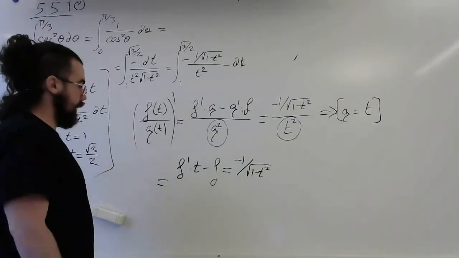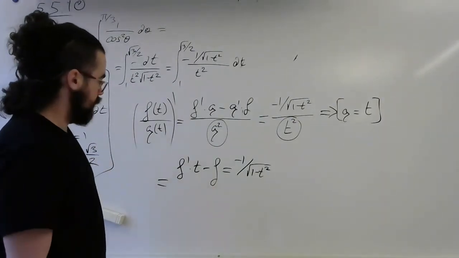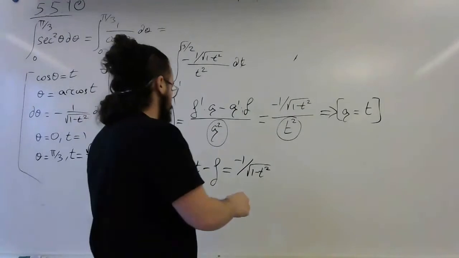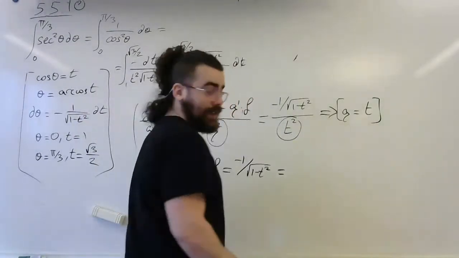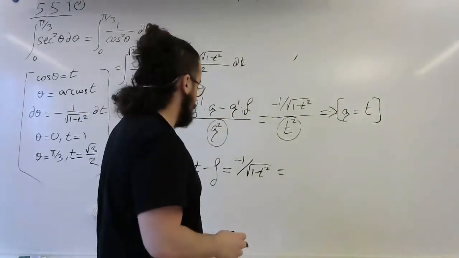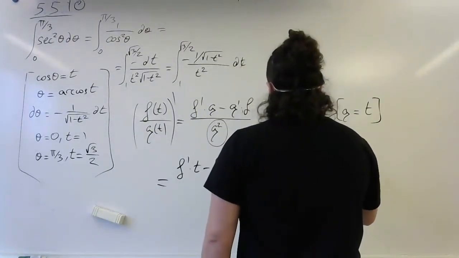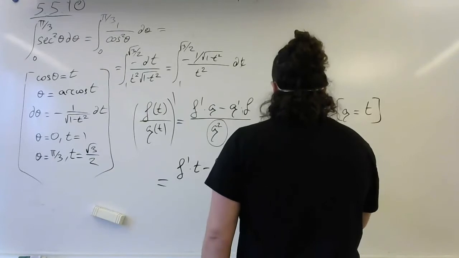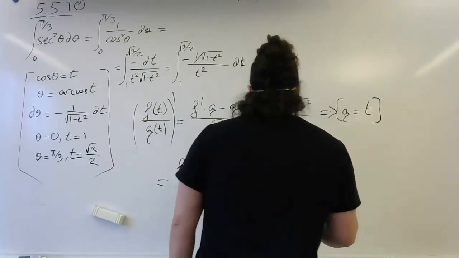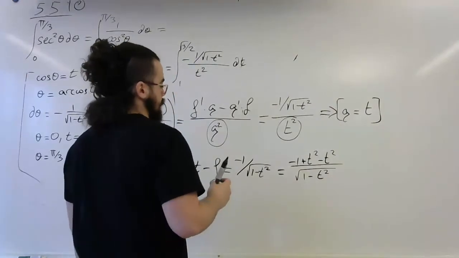However, I'm going to do something a little bit different here because we are still not ready to solve this kind of differential equations. And I'm going to do this.